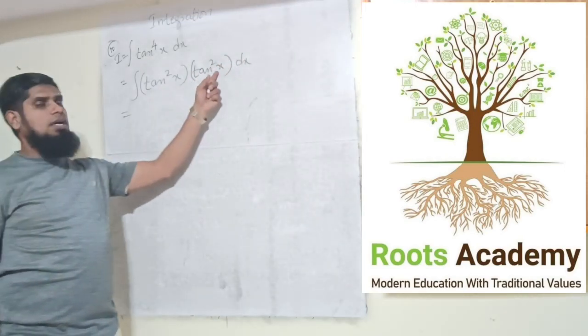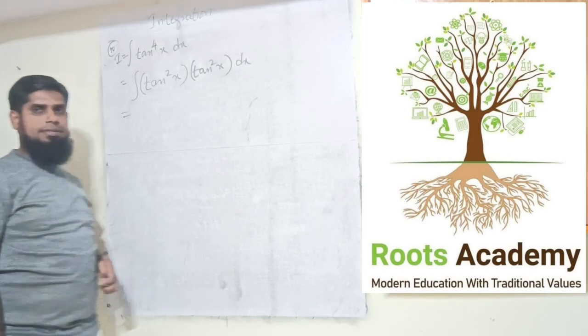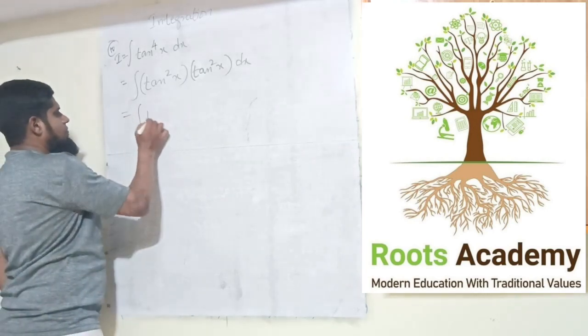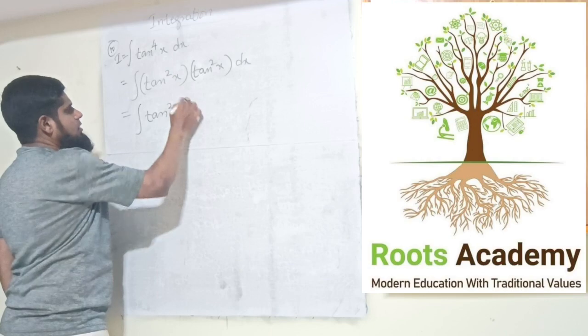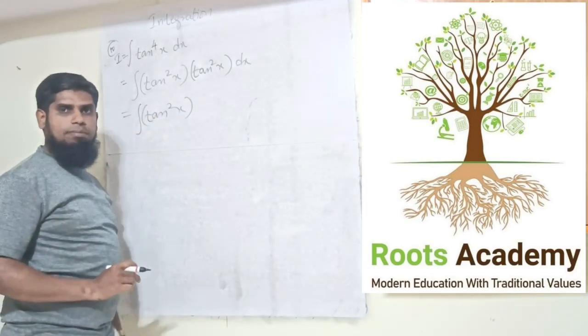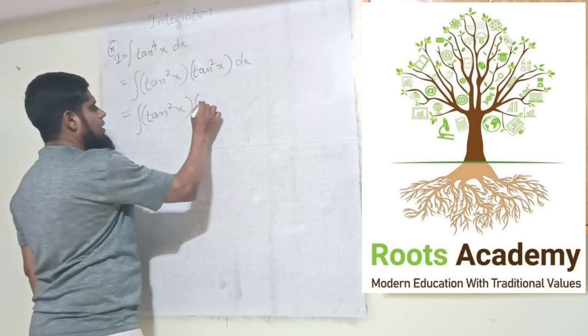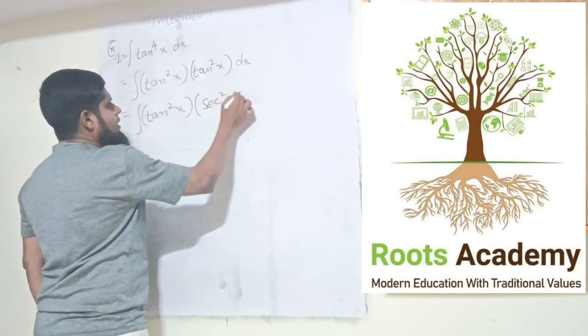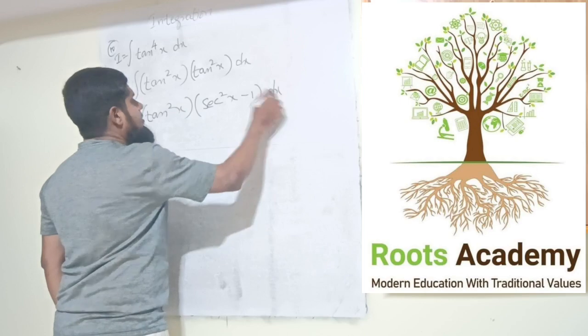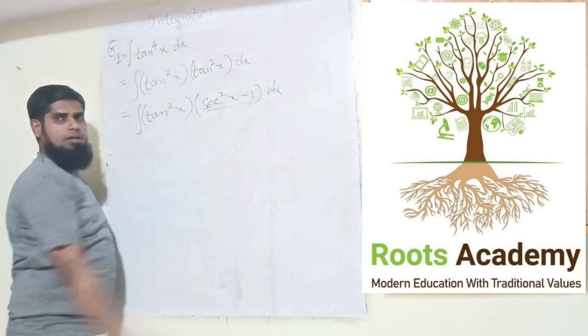Any one tan square x I will convert to its identity. So the first tan square x as it is. The second tan square x can be written as secant square x minus 1, according to the identity.